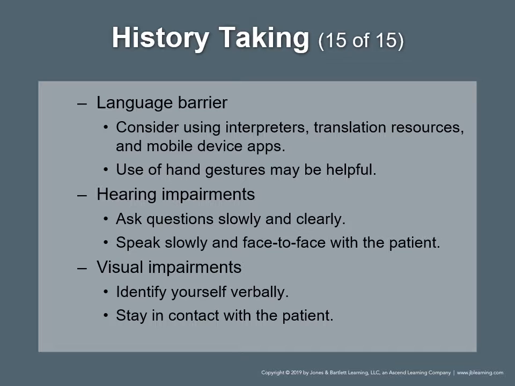With visual impairments, just remember to identify yourself, make sure that you talk and tell them what you're going to do. It's important when you're going to check their vitals and stuff that you tell them that you're going to do that, and doing an EKG, what you're going to be doing. So just explain things carefully.